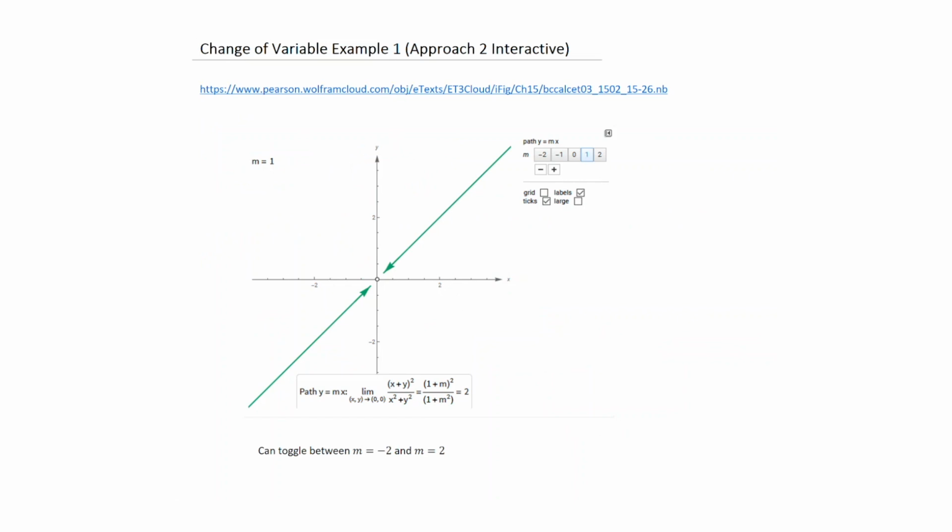So here's an interactive module where you can choose different values of m, basically different paths, which then take you to the point. Here, this would be an example for m equals 1. Substitute in here, and you'll end up with a value 2. You can choose any values from m equals minus 2 to 2, just to show what the result will be.